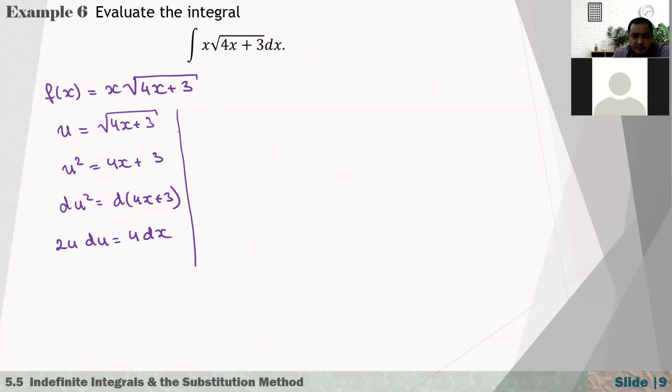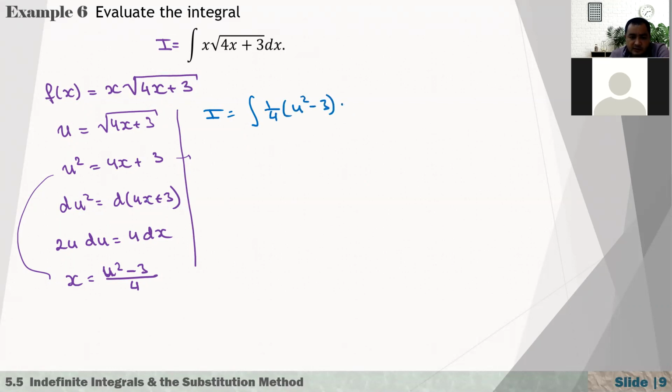Then from this relationship, I can find x. Let me just write here, x equals u squared minus 3 over 4. Now let's say that our integral is I. Then I is equal to the integral of x, which is 1 over 4 times u squared minus 3, times the square root of 4x plus 3, which is equal to u.